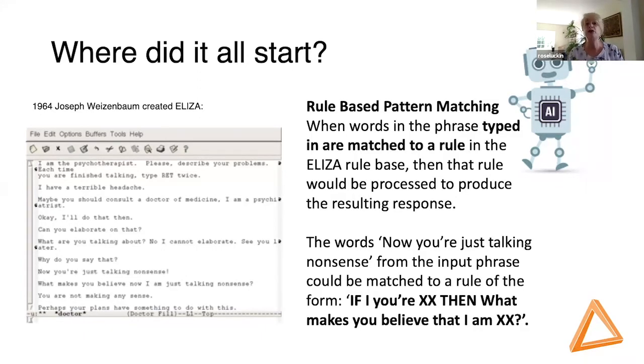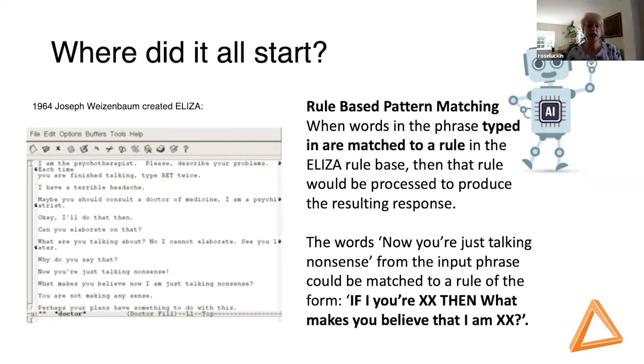And this kind of dialogue is based on a set of rules that use pattern matching. So the system looks for something that it recognizes in what's been said that it can match to the start of a rule. And if you look at the end of the dialogue, the person sitting in my position says, "Now you're just talking nonsense." And ELIZA replies, "What makes you believe now I am just talking nonsense?"